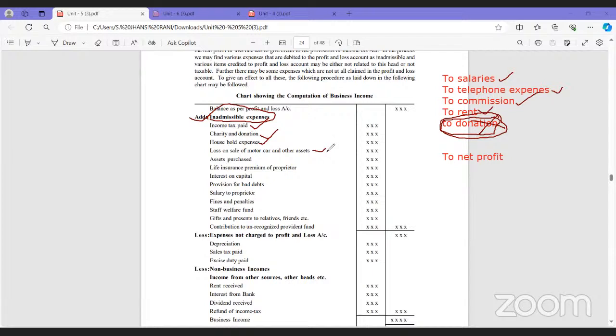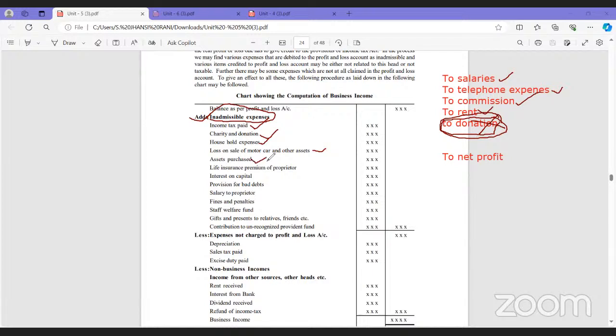You may sell any assets of the business, but when you sell, it is not a business expenditure. Whether you got a loss, it is not, why? Because our business is not selling motor cars. Our business is manufacturing some products or selling some products. But whenever we are selling some asset, if we get any loss, that is not a business expenditure.